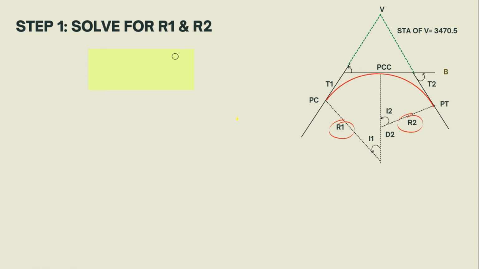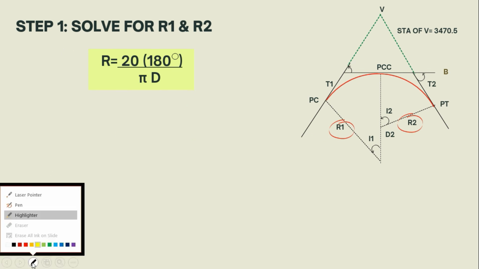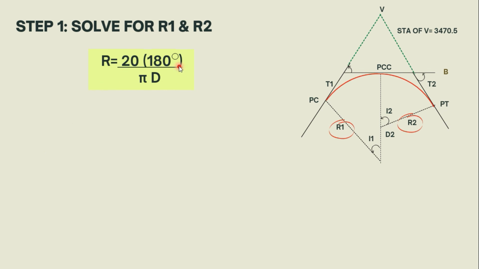So the first step in this problem is to solve for R1. From the formula that was derived in the simple curve as discussed by Ms. Lillowet, we know that R is equal to 20 times 180 degrees over pi times the degree.